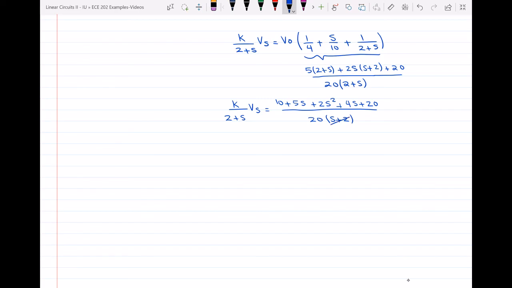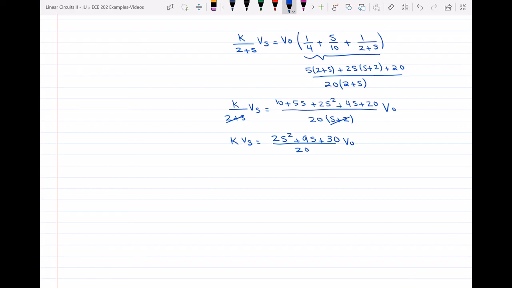So these two will be canceled. Oh, and I forgot a VO over here. So K VS will be equal to, I have 2S squared plus 9S plus 30, all of these over 20 VO.